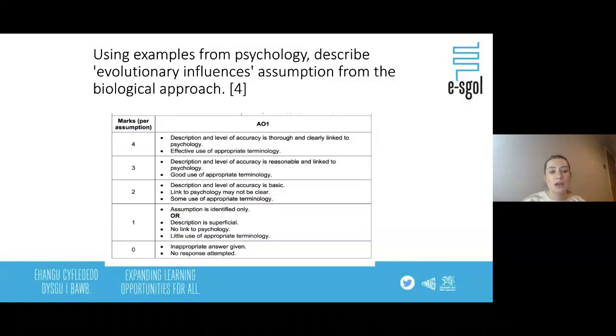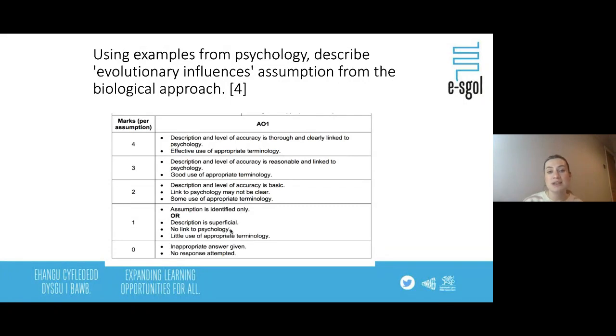So as you can see, where it says top mark band, 4 marks, description and level of accuracy is thorough and linked to psychology, effective use of appropriate terminology. So they're linked to psychology is your example, and then there's terminology there again. Now, you can see from the very bottom here, 1 mark, no link to psychology.